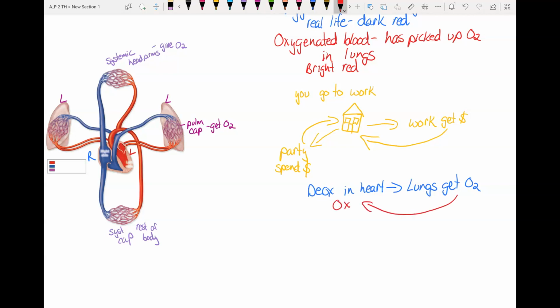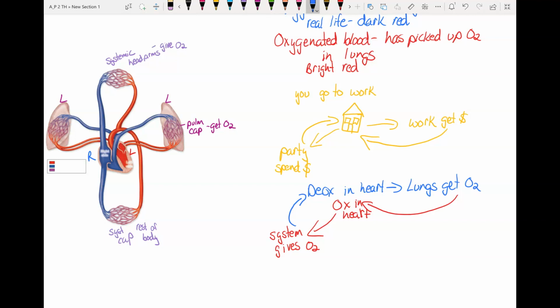Now you have oxygenated blood in the heart. This oxygenated blood goes out to systemic, it goes out to your body, and it gives oxygen. Then it comes back to the heart as deoxygenated.